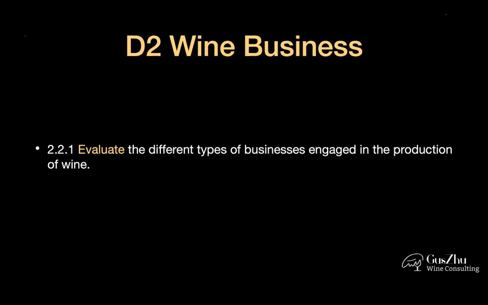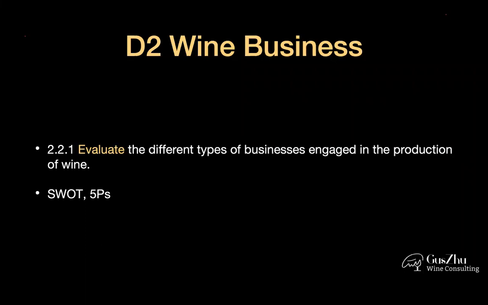if you learn it online or in the class, they often focus on doing some SWOT analysis for different types of producers, for different types of business. Okay, strengths, weaknesses, opportunities, and threats. You need to constantly practice SWOT analysis in your studies.